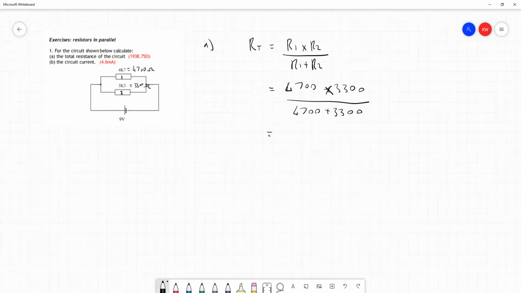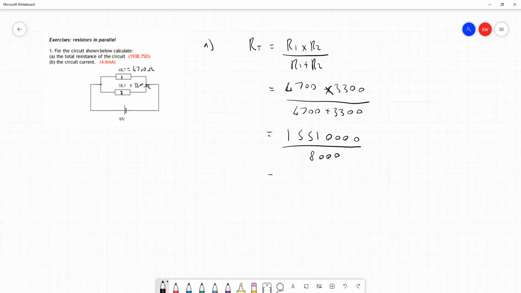Hopefully you can see the bottom. We're going to get a nice number of 8,000, but we need to work out what the top is in the calculator, unless you're good with your mental arithmetic. It's something pretty big: 15,510,000. Of course, there's nothing to stop you putting all of this into the calculator in one go, but you might want to break it down like I'm doing.